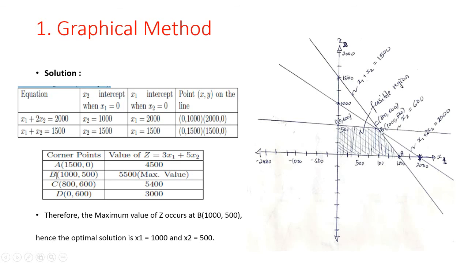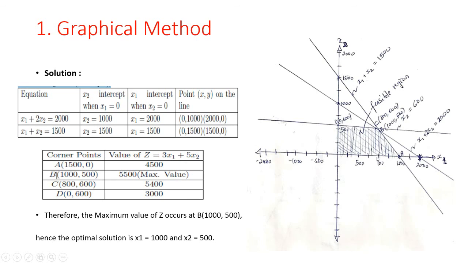For the B corner point, consider B as 1000 and y axis is 500. Similarly for C, it is in between 500 and 1000. So I am considering C point at 800.